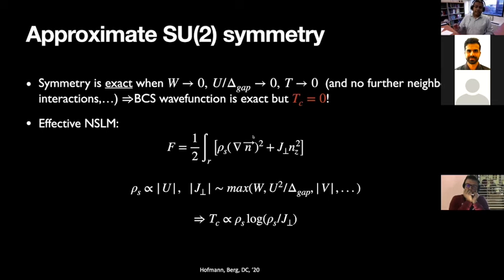So there is a limit where you take the limit of u going to 0, and you can show that the ground state is a BCS superconductor without appealing to mean field theory, but the TC for that will be 0. As soon as you turn on a finite u, you will spoil this exact symmetry. And at that point, you can generate all kinds of anisotropies. So this is one anisotropy that I've written, which will be set by all of these extra corrections that spoil this symmetry.